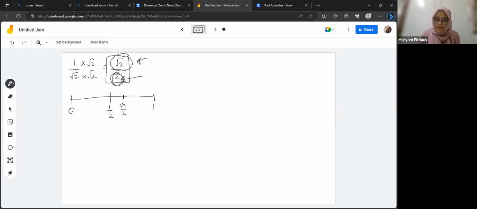So let's say if I have something like 2 by root 3. Now again, the denominator is an irrational number, so I need to rationalize it. What do we multiply it with so that the denominator becomes a rational number?